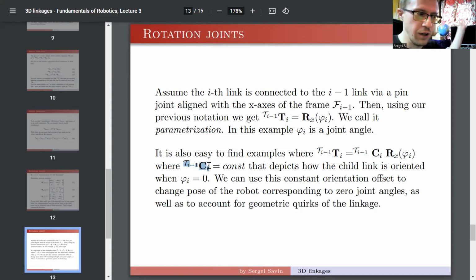It may sound wild. You may ask me, what is this? How does it make any sense? I can answer you. This is your change of orientation of your links in the case when the joint angle is equal to 0. So put your robot into zero position, and you have to decide what that is.